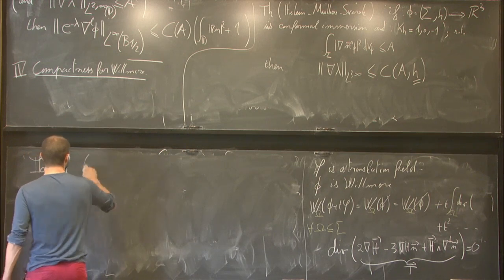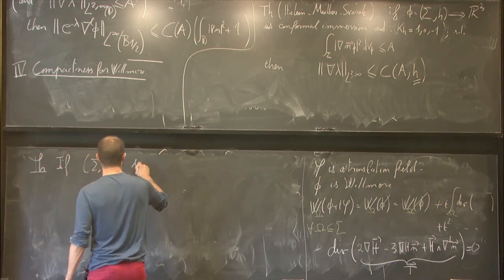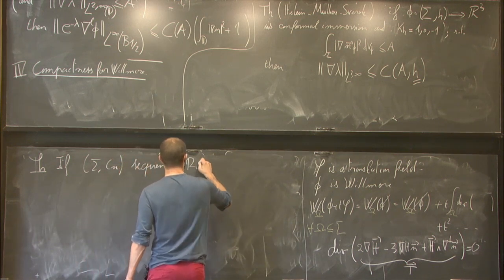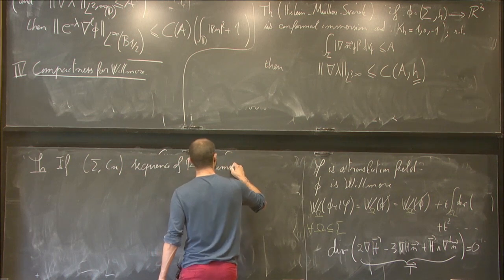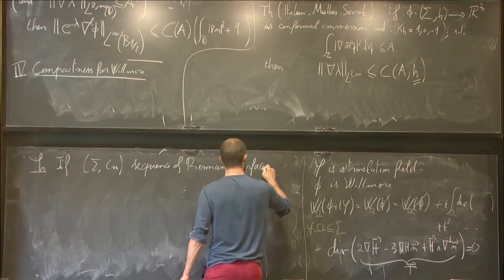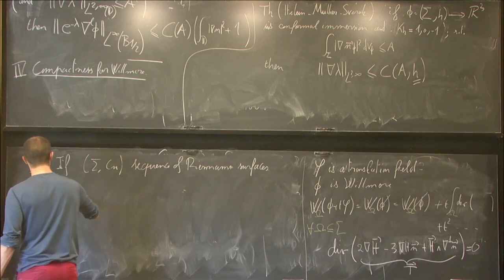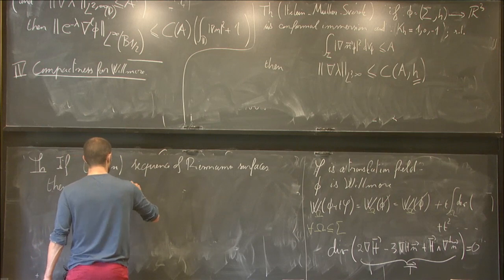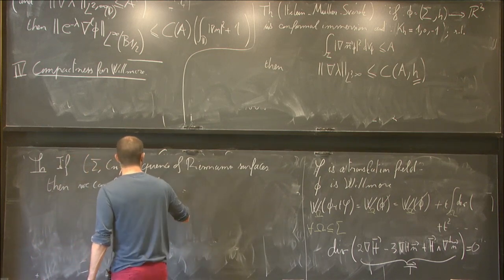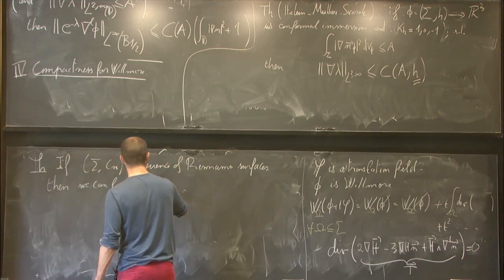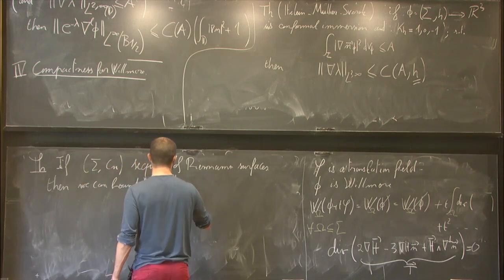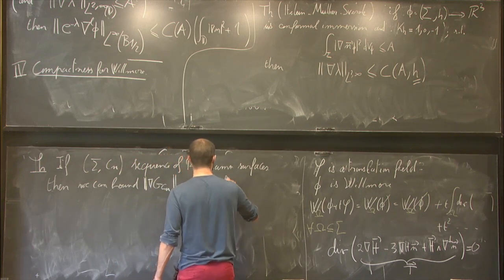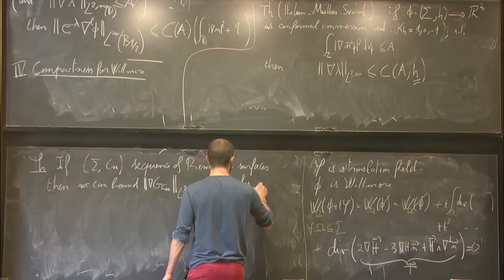If sigma n is a sequence, where C is for conformal class, of Riemann surfaces, then we can bound the L2 weak norm of the gradient of the Green function uniformly, independently of the conformal class.